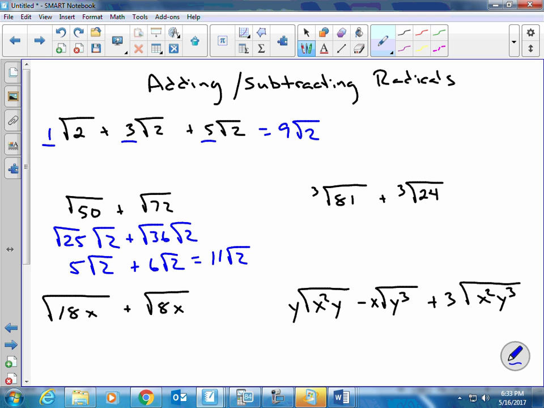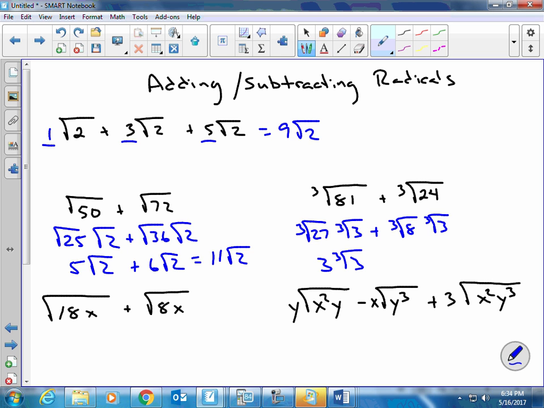Cube root of 81 plus the cube root of 24. What do you get? Well, what perfect cube goes into 81? I can break that down into 27 and 3. What perfect cube goes into 24? Well, I can break that down into 8 and 3. Cube root of 27 is 3.